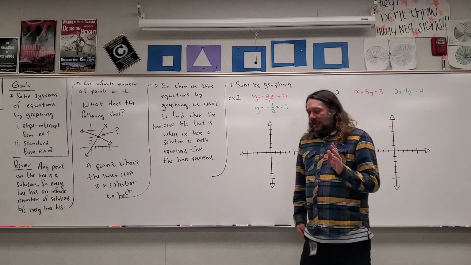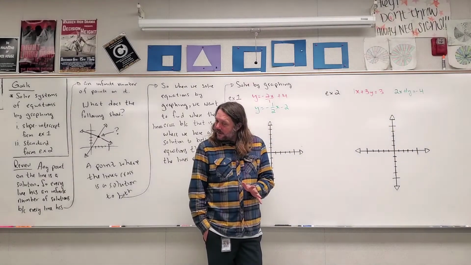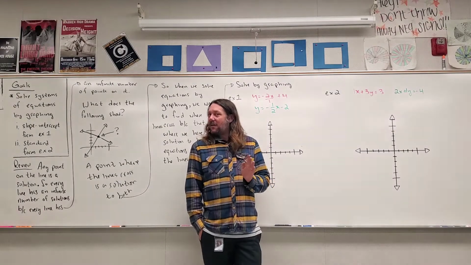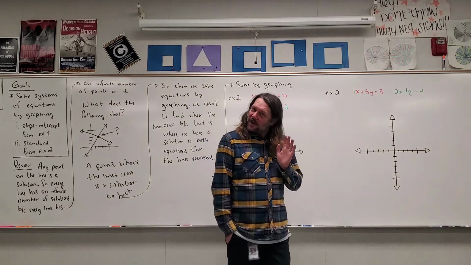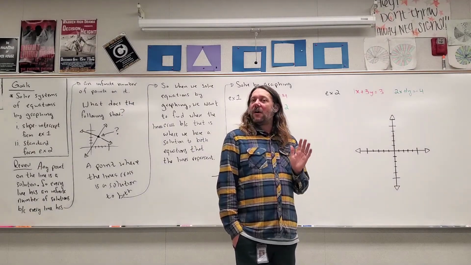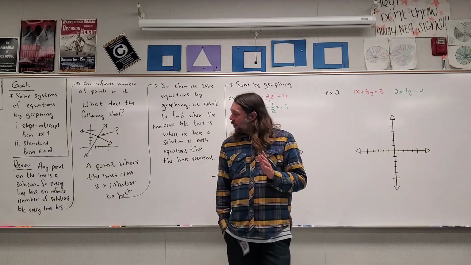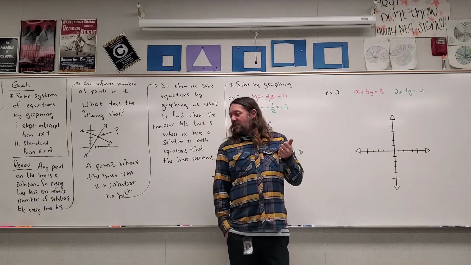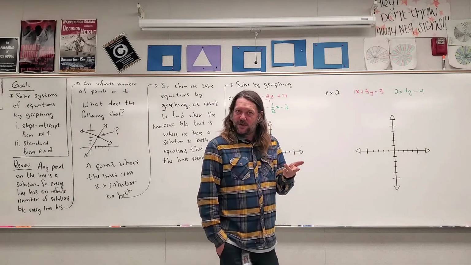Now, the main problem with solving by graphing is you could draw the graph off a little bit. And when it's off a little bit, you might not get a true representation of the solution. In an ideal world, you would solve this by substitution or Gaussian elimination.